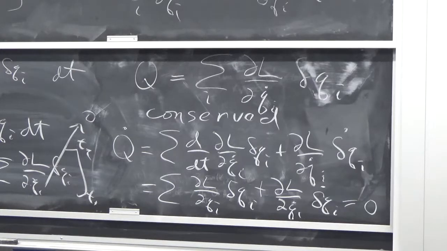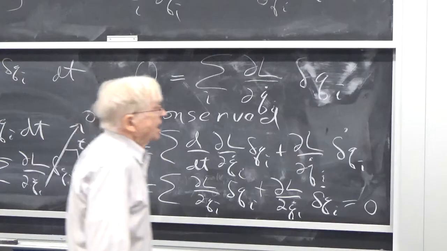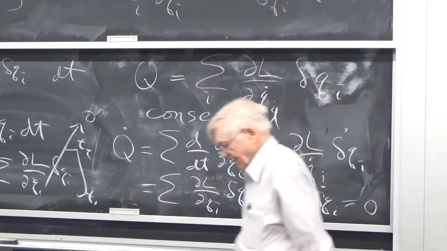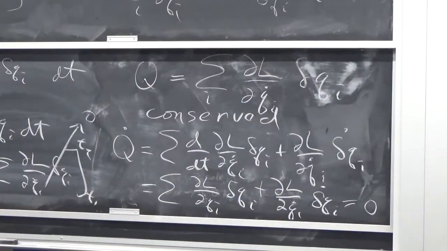There are two famous examples of this. Imagine that the variables are Ri, or to use a more familiar language, Ri is Xi, Yi, Zi.